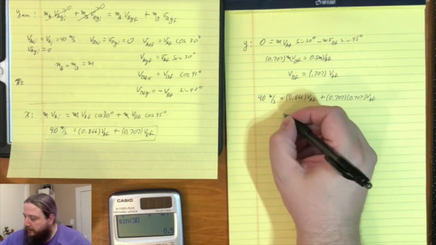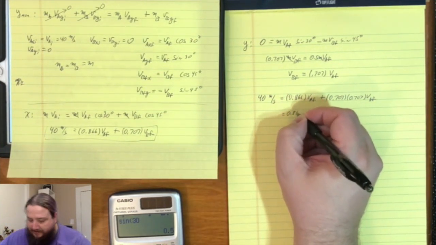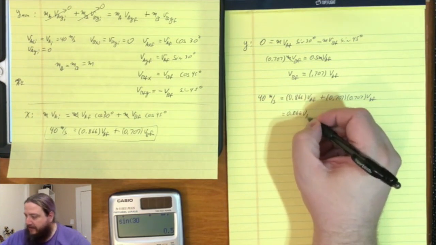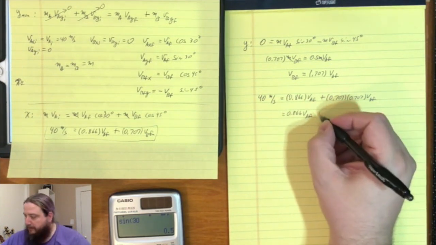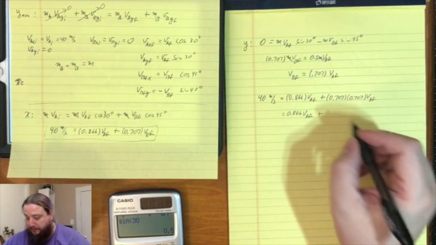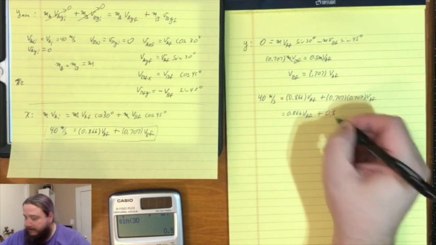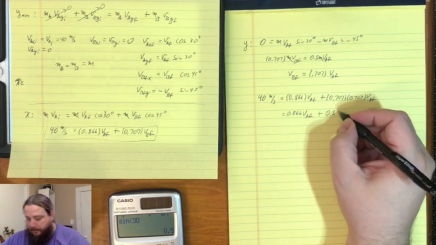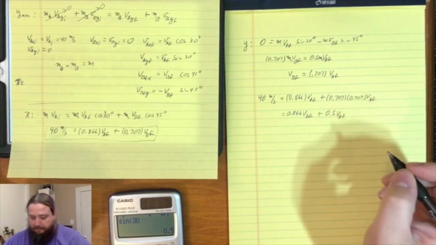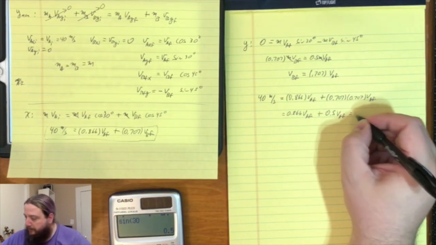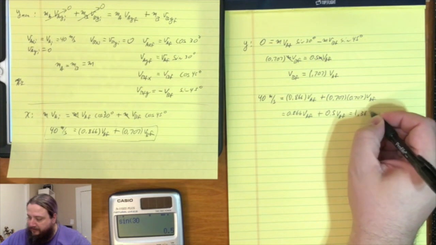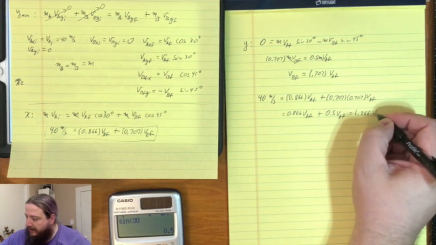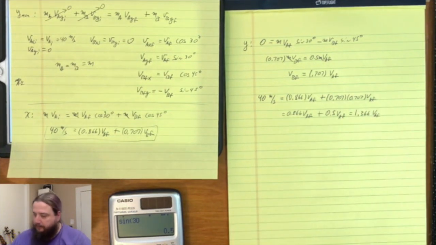So that's 0.866 VA final plus 0.707 times 0.707 is again a half VA final, which is 1.366 VA final, and that's equal to 40 meters per second.